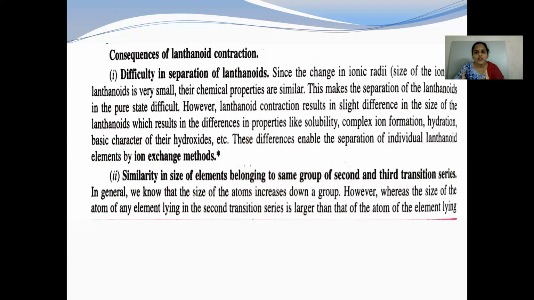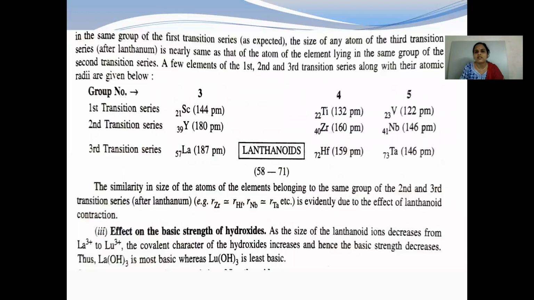However, whereas the size of the atom of any element lying in the second transition series is larger than that of the atom of the element lying in the same group of the first transition series, the size of any atom of the third transition series, that is after lanthanum, is nearly the same as that of the atom lying in the same group of the second transition series.